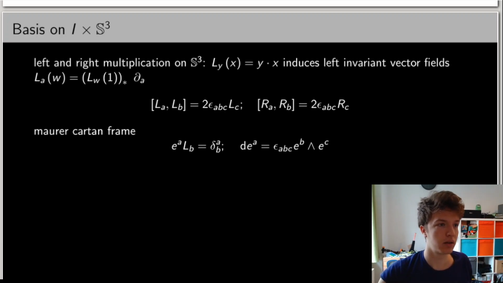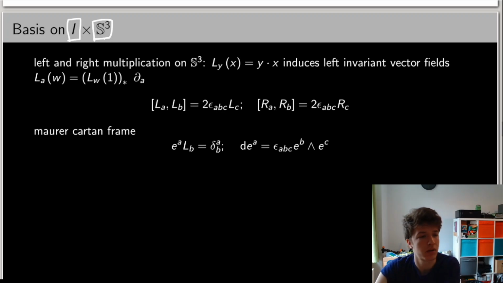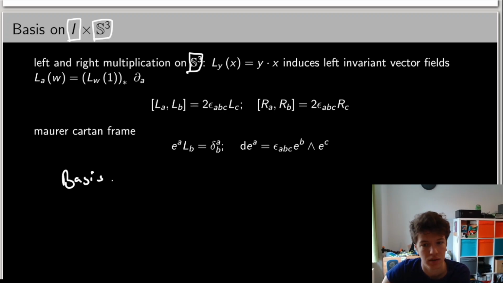And what we do with that is that we separate the dependence on the time and on the three sphere coordinates, and then we use something that makes the calculations easier, which is that we get an explicit basis of one forms, which is left invariant.